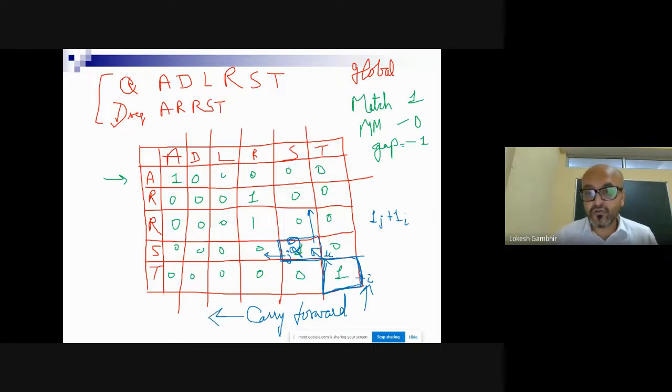So now the new score of this will be 1, 1, 1, and here also it will be 1, 1, 1, and 1. Fine. Then you again move diagonally. Now you are bringing 2 along with you because the score of this cell is 2. So 2 plus 1 in this cell is again 3. 2 plus 1 in this cell is again 3.